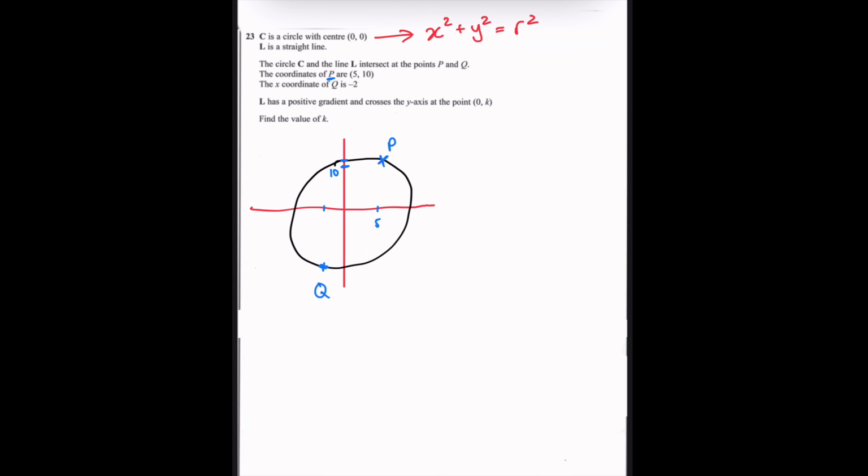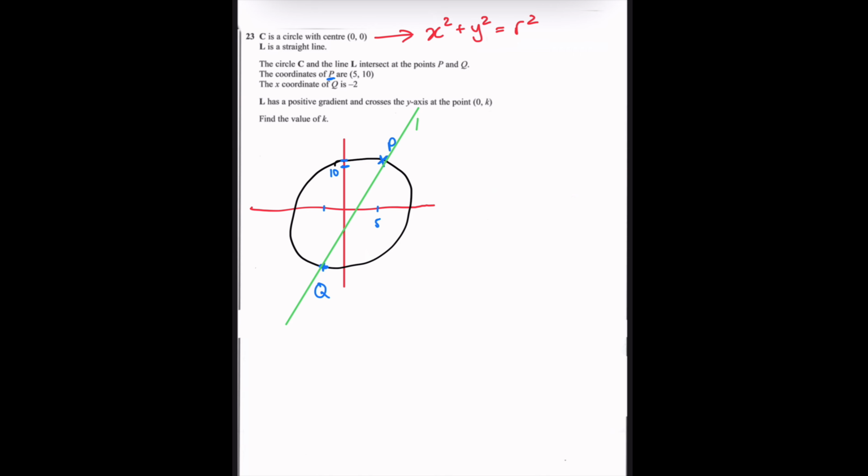Okay. L has a positive gradient. And L, the circle C and the line L intercept at points P, Q. So I'm going to draw that line that goes through P and Q. So here's my line. It's going to go like this.